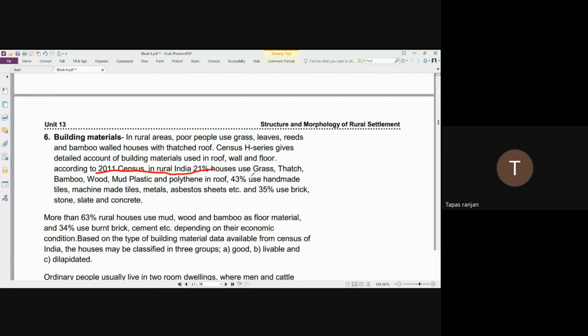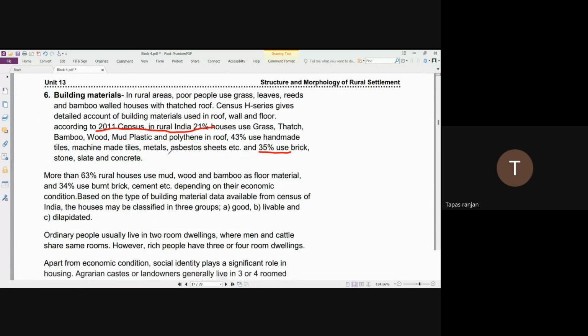Okay, 43% used handmade tiles, machine made tiles, metals. Then 35% of people use brick, stone, slate, or concrete. So these are the building materials. You can look into this also.